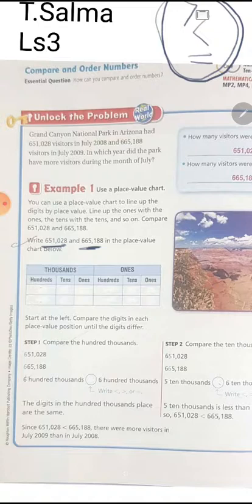Okay, this is the first one. The second one is 665,188. Now let's use this place value chart to put each number in its digit.